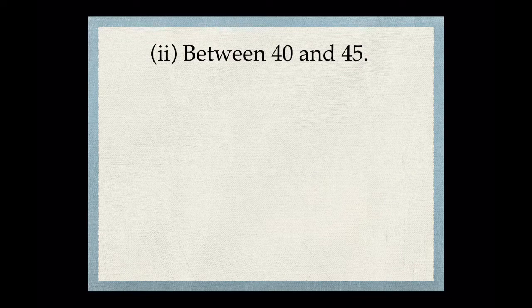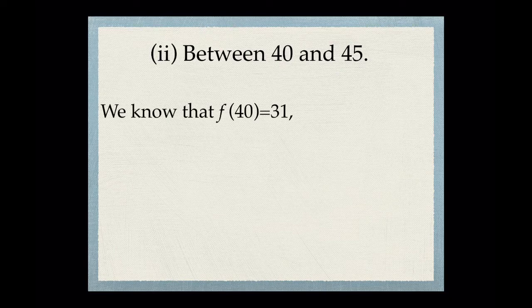So in the next stage, we have a range of marks between 40 and 45. We already know that f of 40, the students scoring below 40 marks, is 31. There are 31 students who have scored below 40. Now we want to know how many are within the range of 40 and 45.